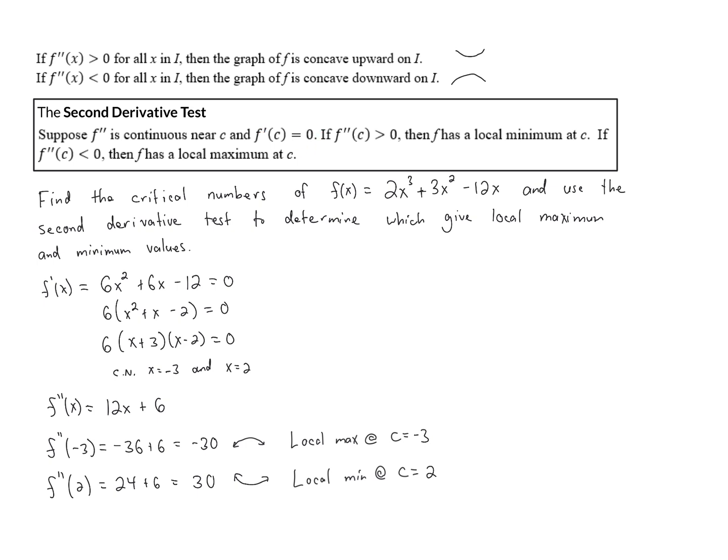And so in those situations, we would have to go back and do the first derivative test to get an idea of if we have a local maximum, a local minimum, or neither. So I like this test because it's less work, but it doesn't always give us a result. So it's unfortunately not something we can always rely on. We need to make sure we understand both of the derivative tests.